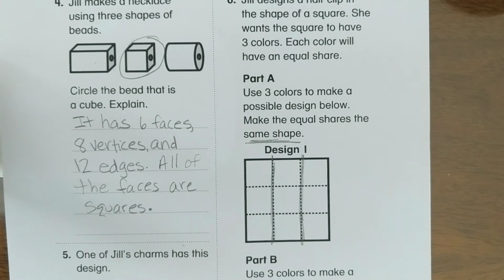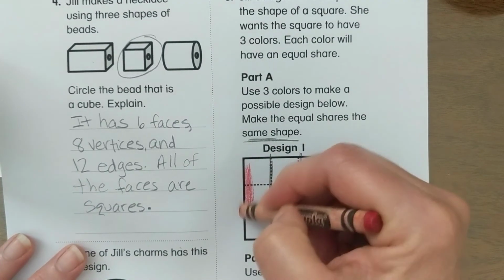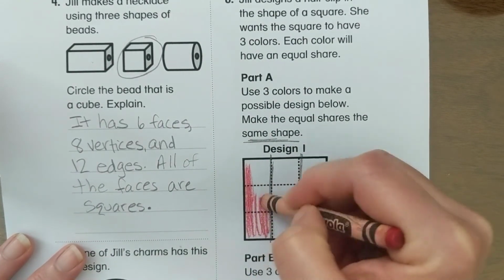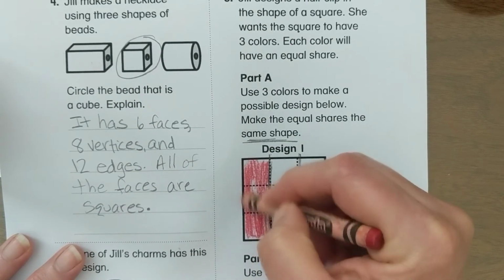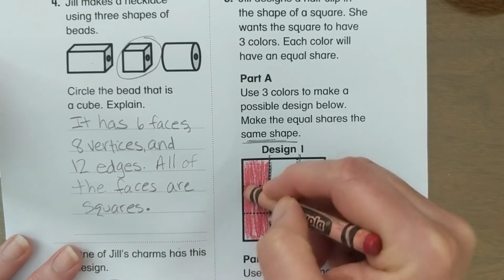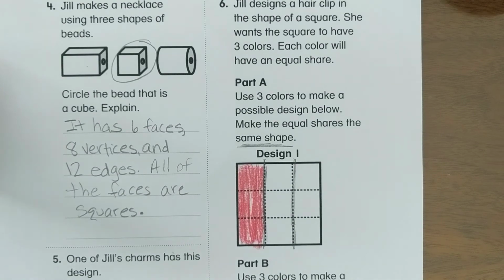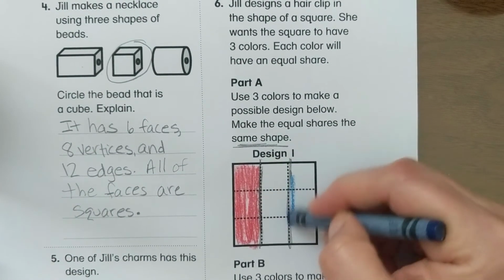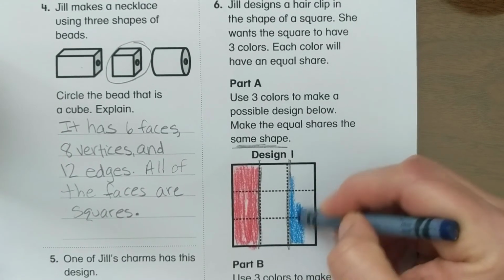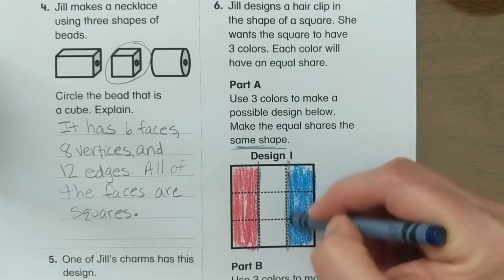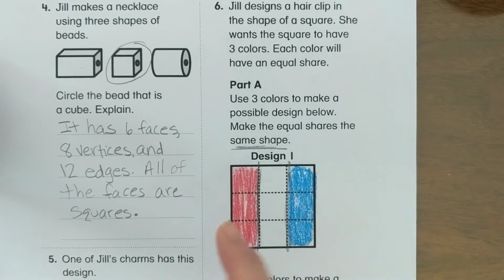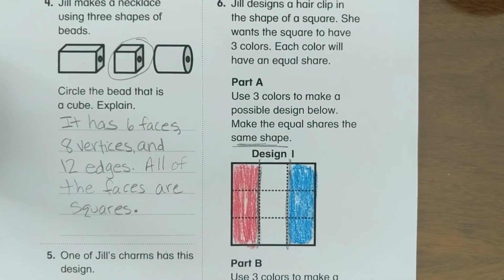And so I'm going to pick some colors here. There's one that I'm going to color. It's a rectangle shape. I'm going to leave one white, and I'll do the other one blue. Okay, they're all the same shape. They are all this long rectangle shape.